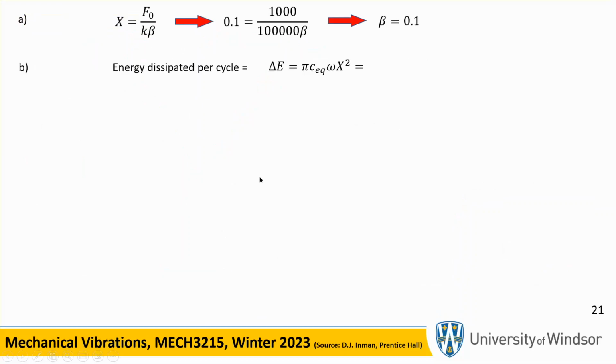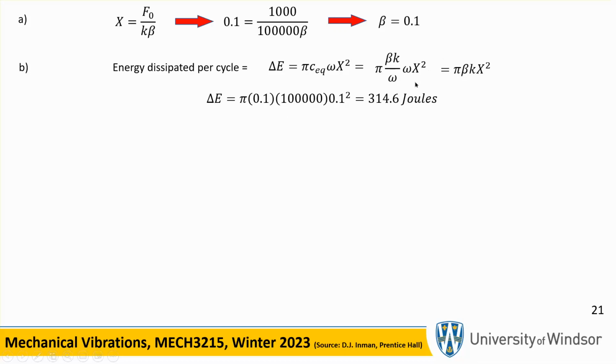Now, energy dissipated per cycle. If you look at the equivalent viscous damper, we said it was beta k over omega. The omegas cancel, see that? And you get this. Just plug it in.